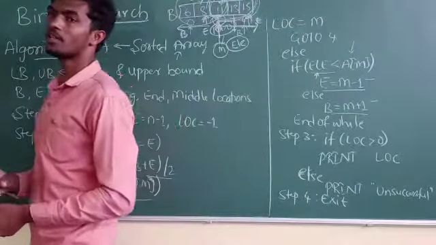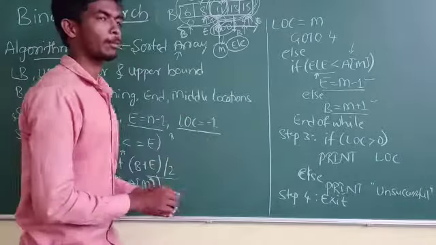Then step 1: set B equal to 0. Beginning in an array will always be the 0 index. Set B equal to 0, E equal to n minus 1, and location equal to minus 1.